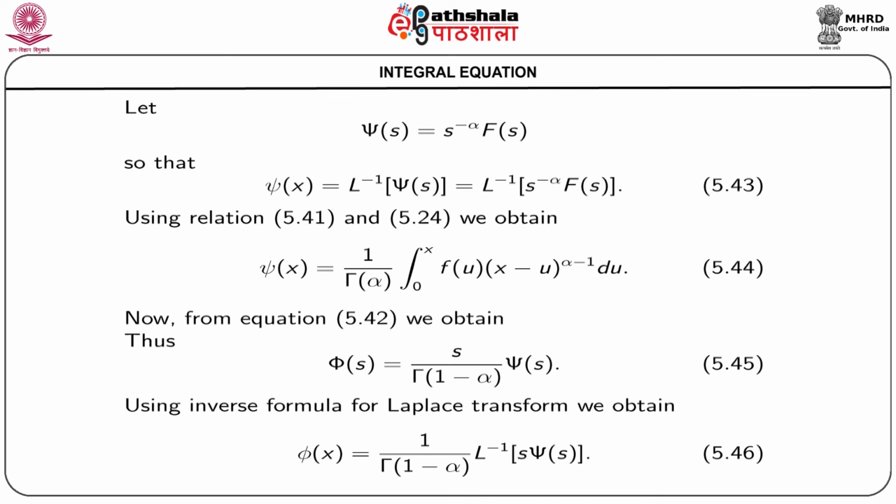Now, we take the Laplace inverse of equation 5.45. The left hand side is capital phi s, whose Laplace inverse gives small phi x, and the right hand side is 1 by gamma 1 minus alpha into the Laplace inverse of s into capital psi s.